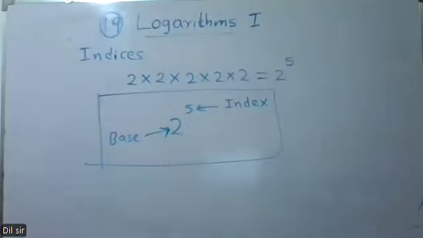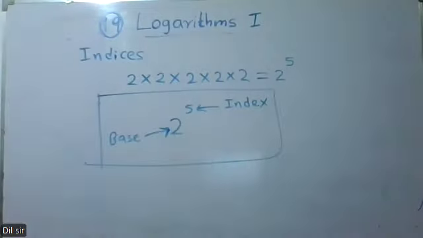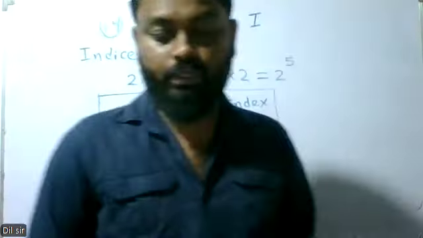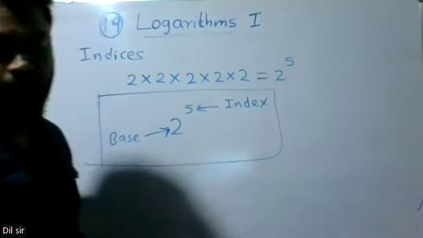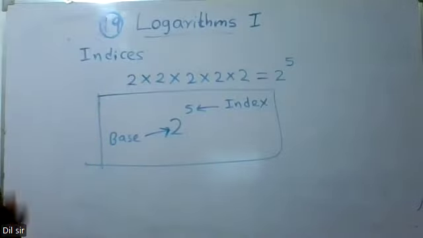Base, index. Don't waste time on copywriting, okay? First take a screenshot and start to copy. Then if I clean the board, you have the screenshot, and you can complete the remaining part of the note.